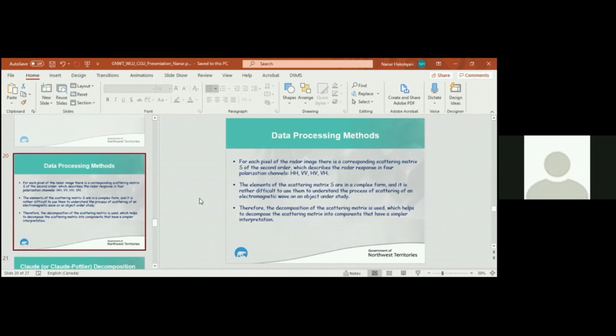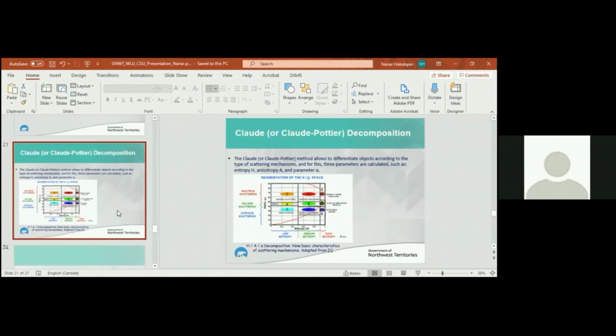The elements of this scattering matrix are sometimes difficult to process, therefore the decomposition of the scattering matrix is used, which helps to decompose it into components which have simpler interpretation. For instance, Cloude-Pottier decomposition allows to differentiate objects according to the type of scattering mechanism. For this, 3 parameters are calculated: entropy H, anisotropy A, and parameter alpha.